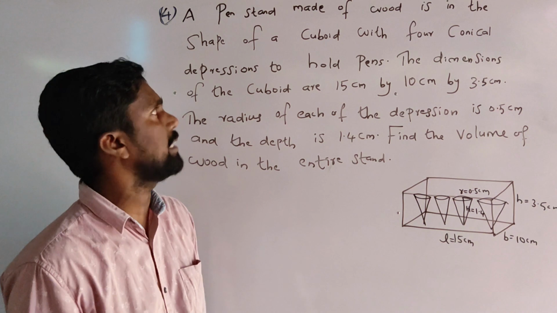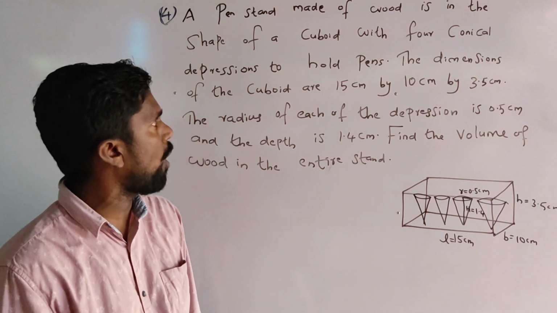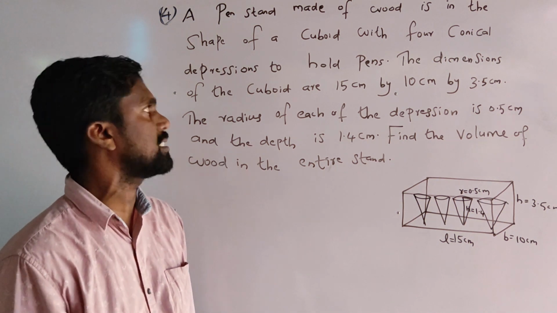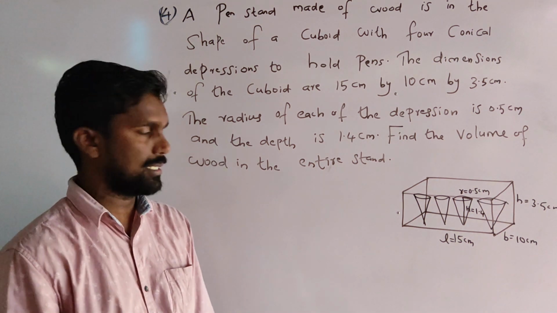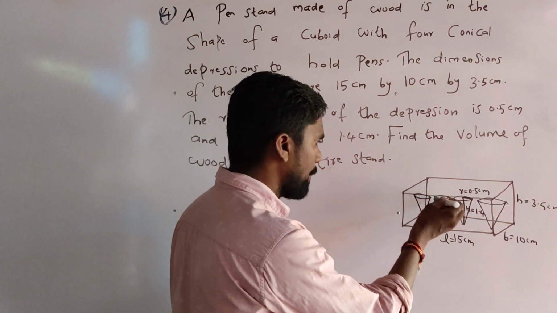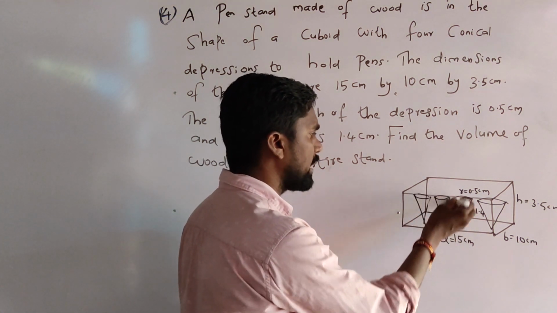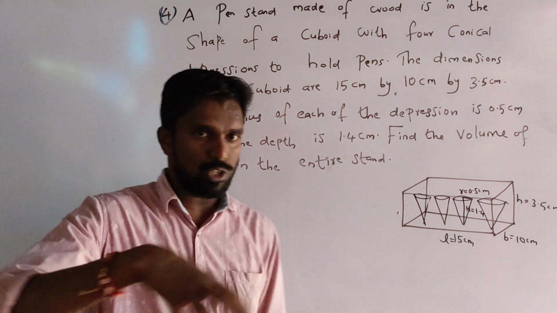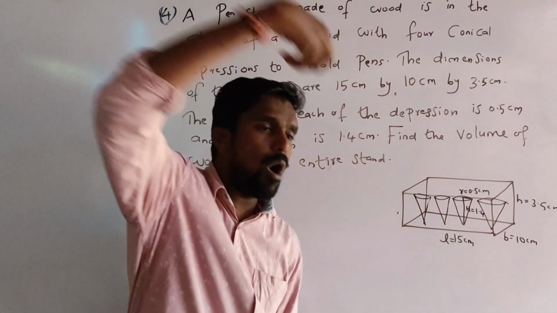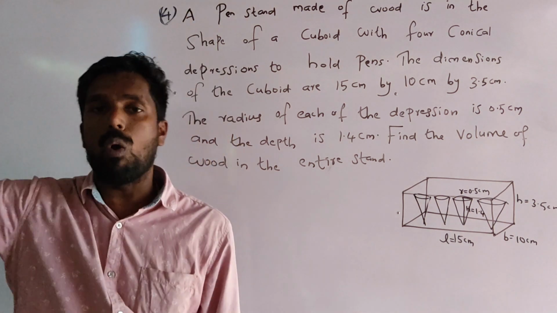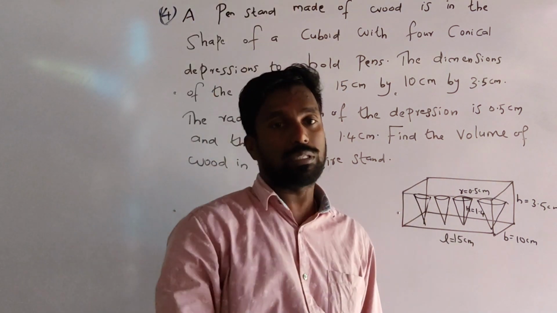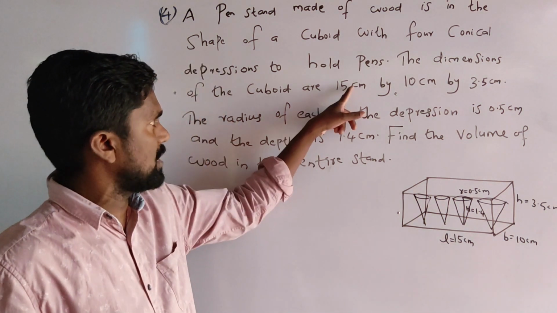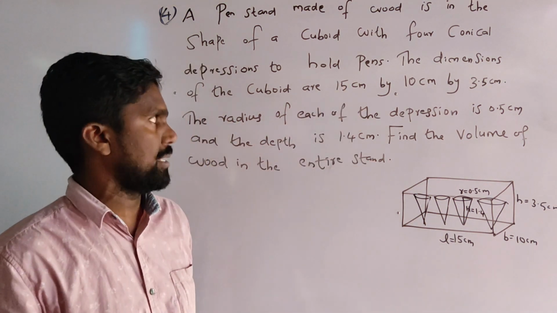Then pen stand is made in the shape of a cuboid with 4 conical depressions to hold pens. That means to keep pen, 4 conical depressions are there in the cuboid. That means there is a cuboid. In that cuboid, 4 cones are hollowed out, scooped out, taken out. 4 conical depressions to hold pens.